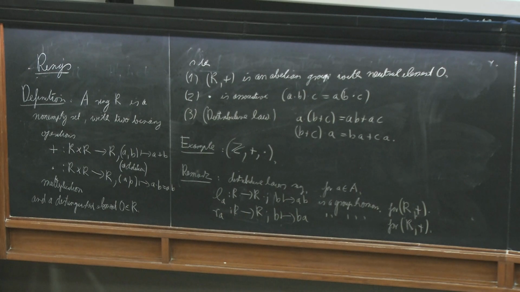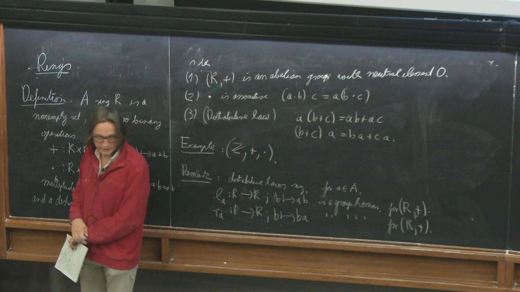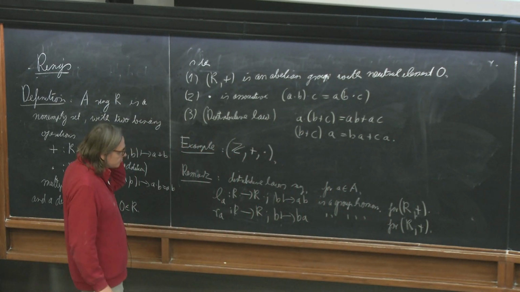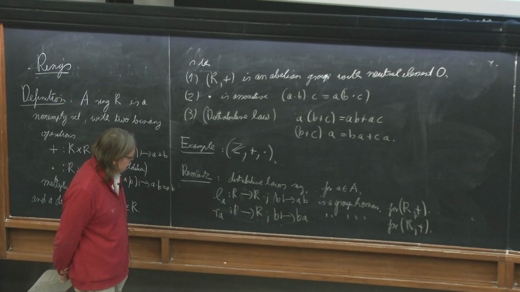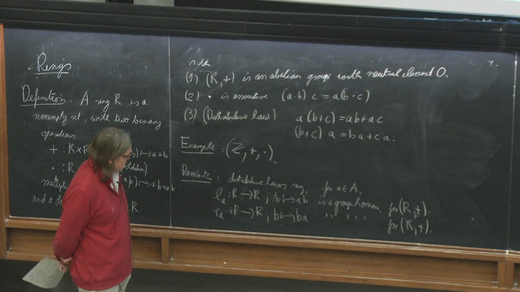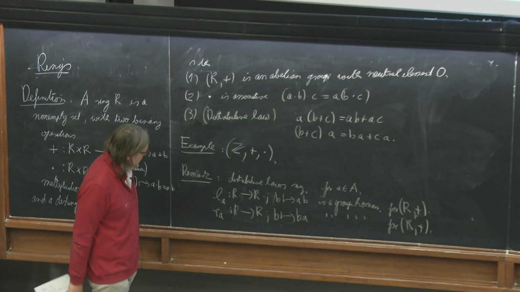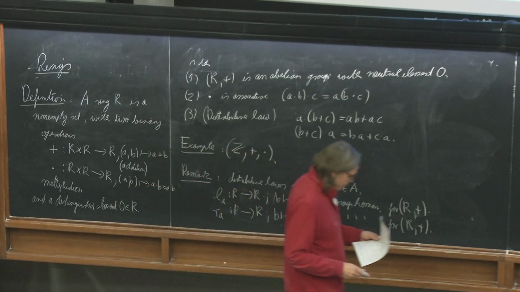So as with groups, we can also look at subrings. For groups, you have subgroups. For rings, you have subrings. So a subgroup of a group is a subset such that the multiplication in the group restricted to it becomes a group. And the same for a ring, if you take both operations.